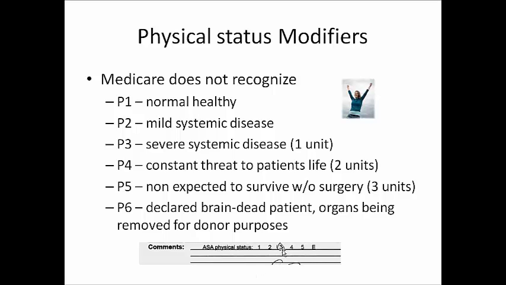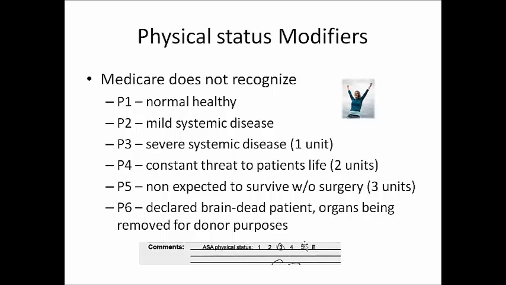So you don't really have to look through the documentation to try and find, okay, is the patient normal and healthy? Do they have a severe systemic disease? This is the main one that I have always seen. They look like 1, 2, 3, 4, 5. And this E is an emergency status.